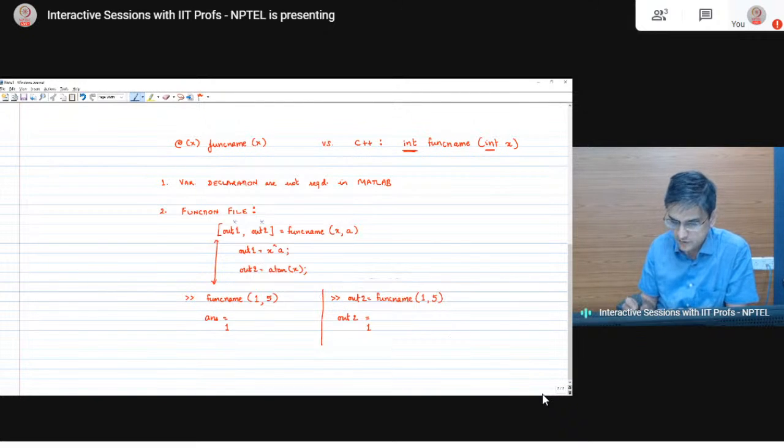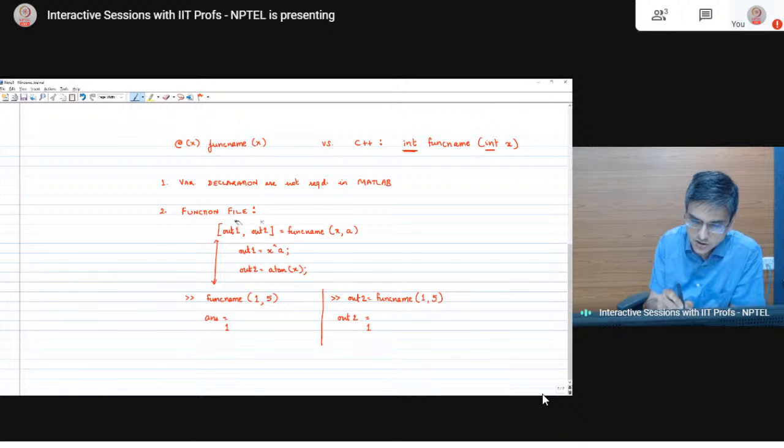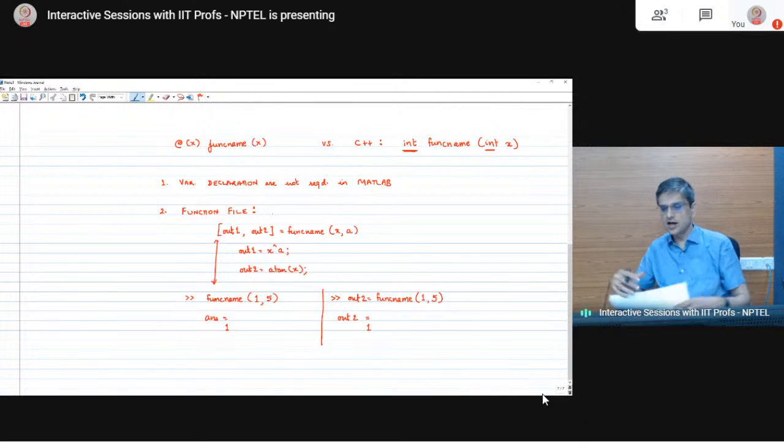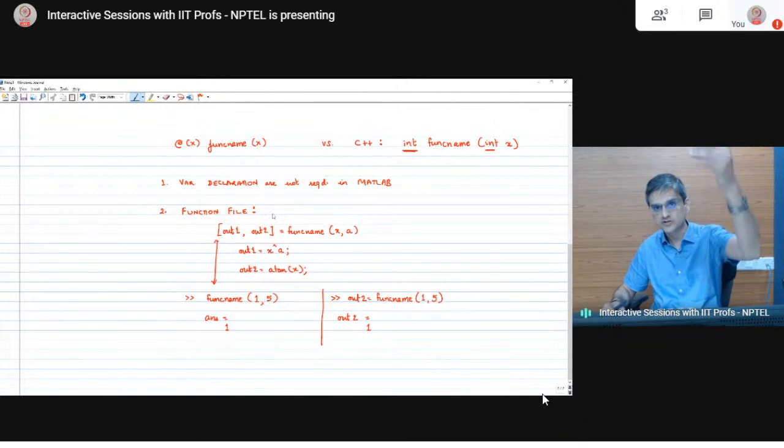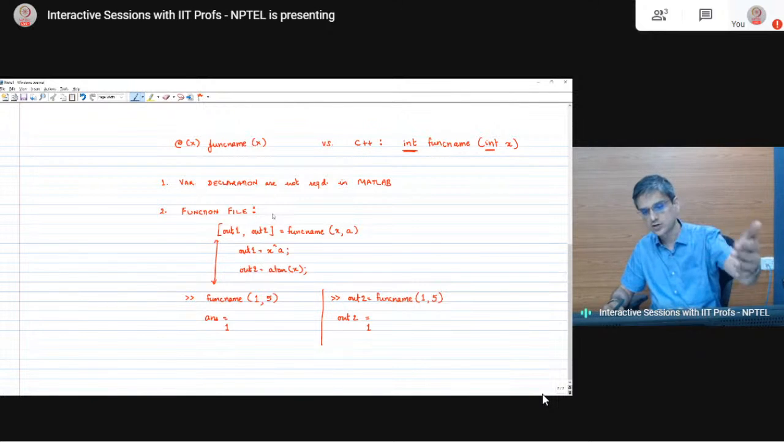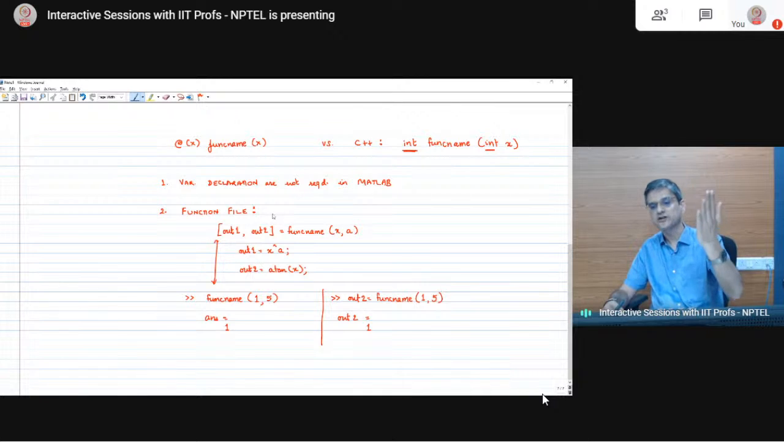When you're calling it from outside, all it knows is that I have to give you two values. First value is 1, second value is 5. The function takes those two values and says, okay, first value is 1, which I will assign to x. Second value is 5, which I will assign to a. I will do the calculations.